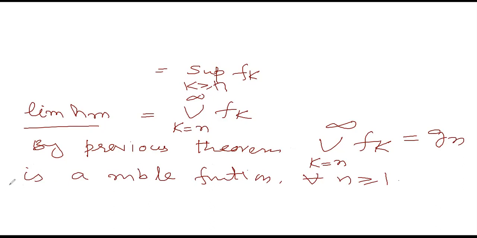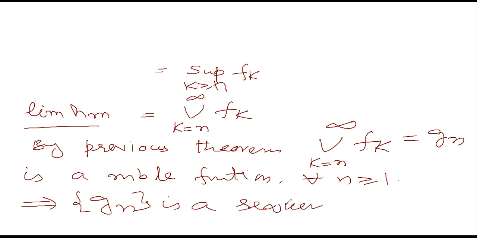So in other words, this implies that Gn is a sequence of measurable functions.